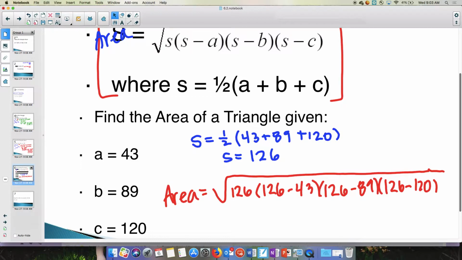Plug it into your calculator exactly the way I have it written up here. Square root of 126, parentheses, 126 minus a, parentheses. Okay, just plug it in all at once so you don't have to spend time calculating those things and writing them down again. Just punch it all in like that. Okay?